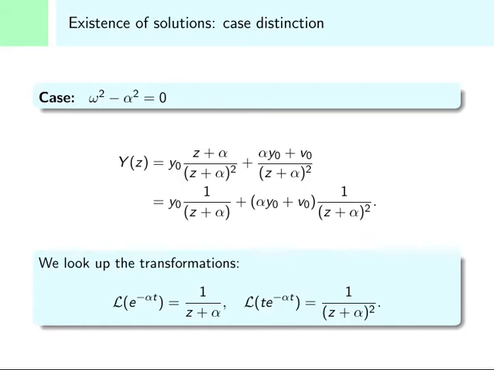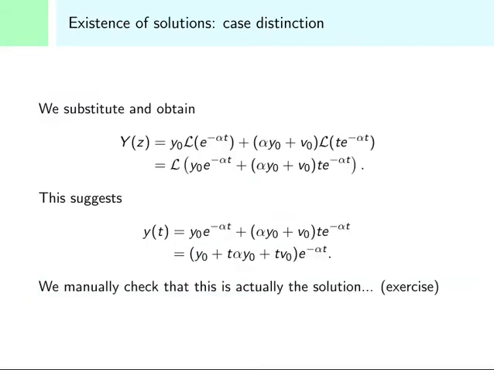These two fractions depend on z, and we can look up their transformations. We see that the first fraction is the Laplace transform of exponential negative alpha t, and we also see that the second fraction is the Laplace transform of t times exponential negative alpha t. Okay, we substitute that and apply linearity.